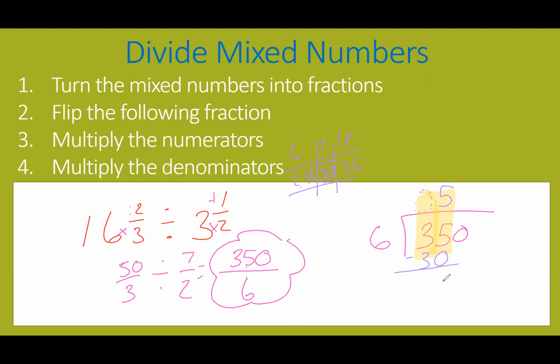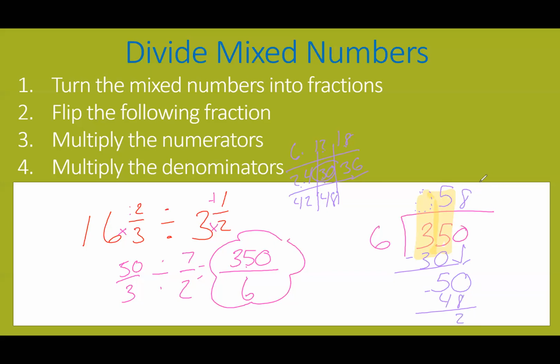When I subtract, I bring this down, and now I've got a 50. And I'm glad that I did my hashtag helper because I can keep going, right? 36 plus 6 more is 42. 42 plus 6 more is 48. And 48 is really close to 50, isn't it? There's only 2 left over. So how did I get that 48? 1, 2, 3, 4, 5, 6, 7, 8. 6 times 8 is 48, and there's 2 left over.